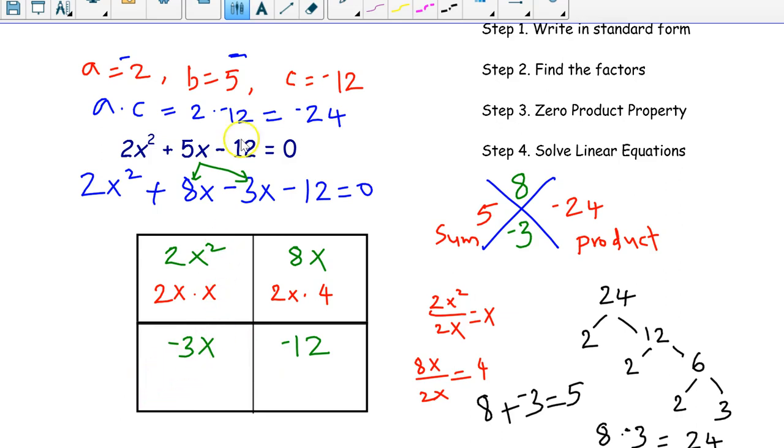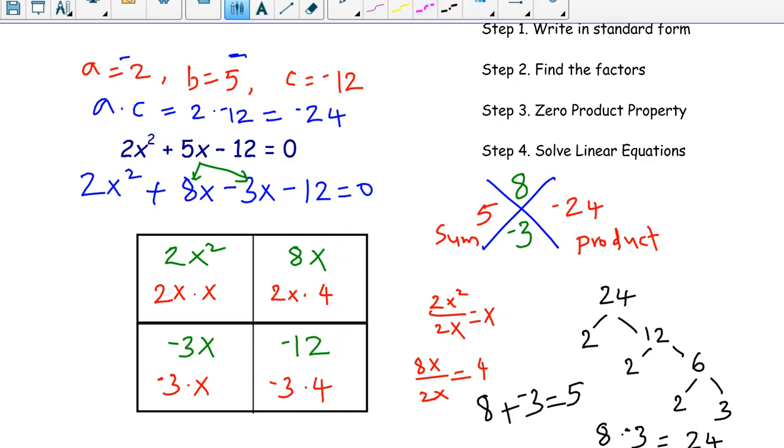Hence I'll write negative 3 out. Negative 3 times x is negative 3x, and this negative 12 I can write as negative 3 times 4. We know that 3 times 4 is 12, so negative 3 times 4 is negative 12.